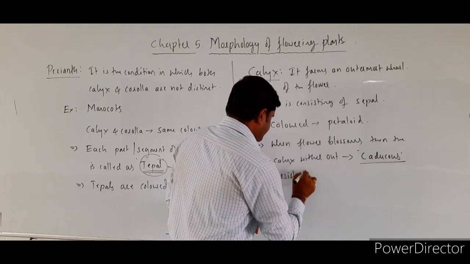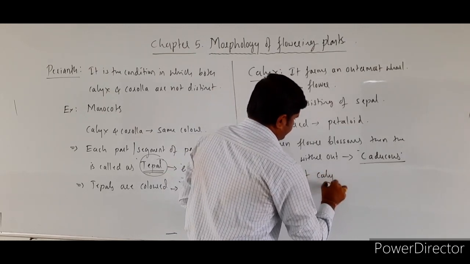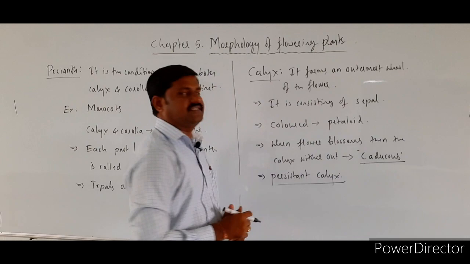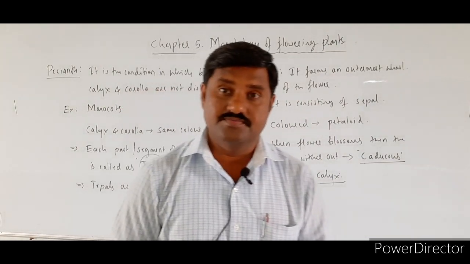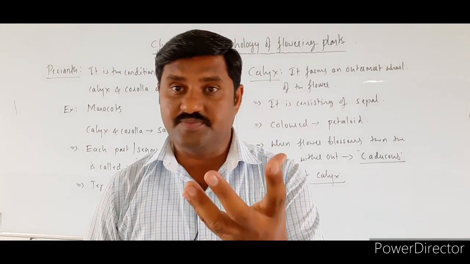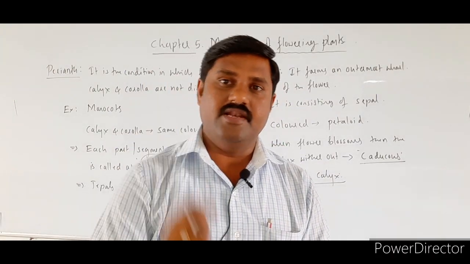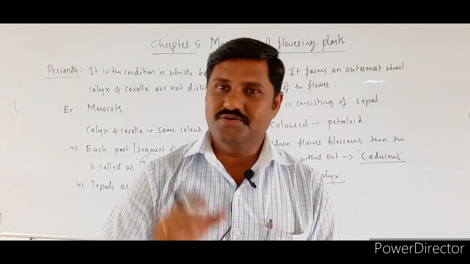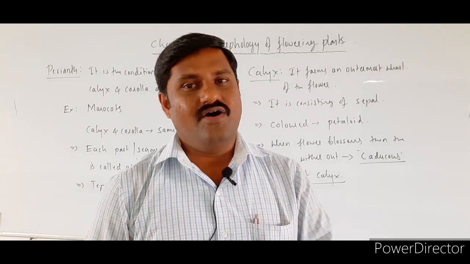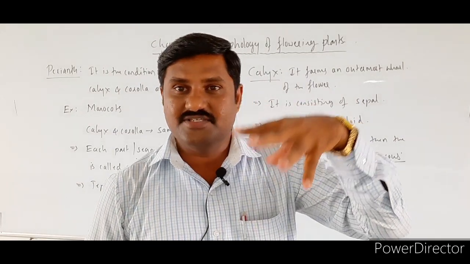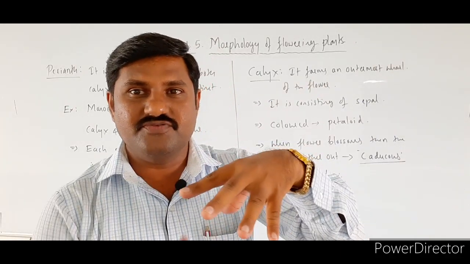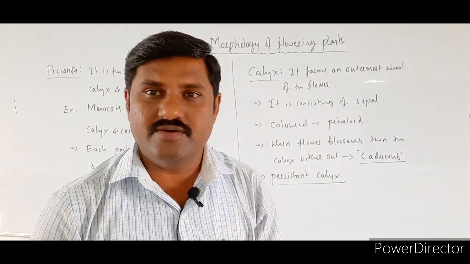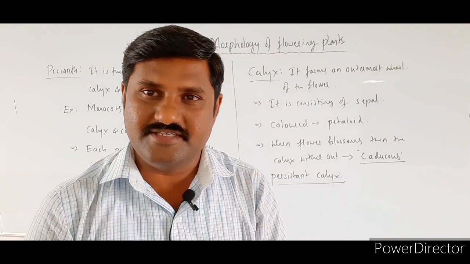Persistent calyx. Persistent calyx means it remains even though the fruit has been formed. For example, in brinjal, you have seen that the greenish colored calyx structure is always attached to the fruiting body, the fruit itself, right?